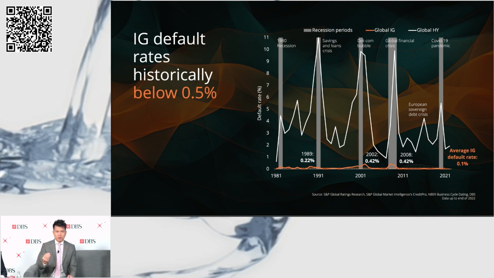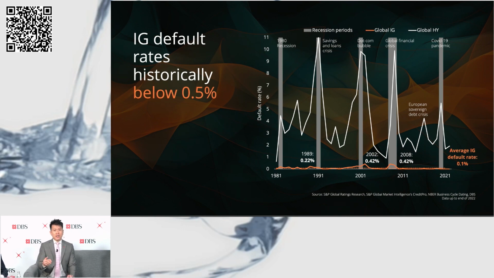If you look at the white lines represented here, every time you see a recession period, which is represented by the gray bars, you will see that high yield default rates start to spike up, sometimes as high as 10% and above. Investment grade default rates, if you notice from this chart, are usually very low across the cycle. In 1989, during the savings and loan crisis, the default rates only rose to 0.2%.